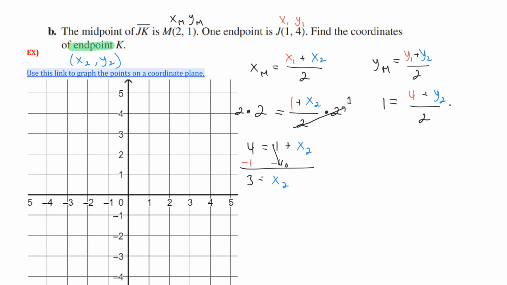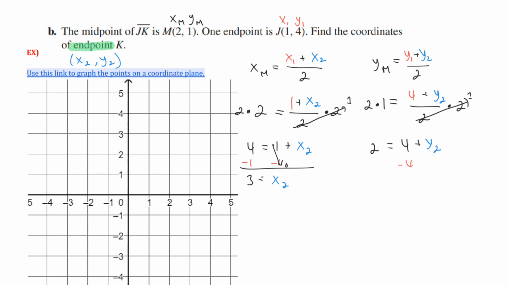Same step here. We're going to multiply both sides by 2 so that the denominator becomes 1, and I get 2 times 1 on the left side, which is just 2. This will be equal to 4 plus y2.